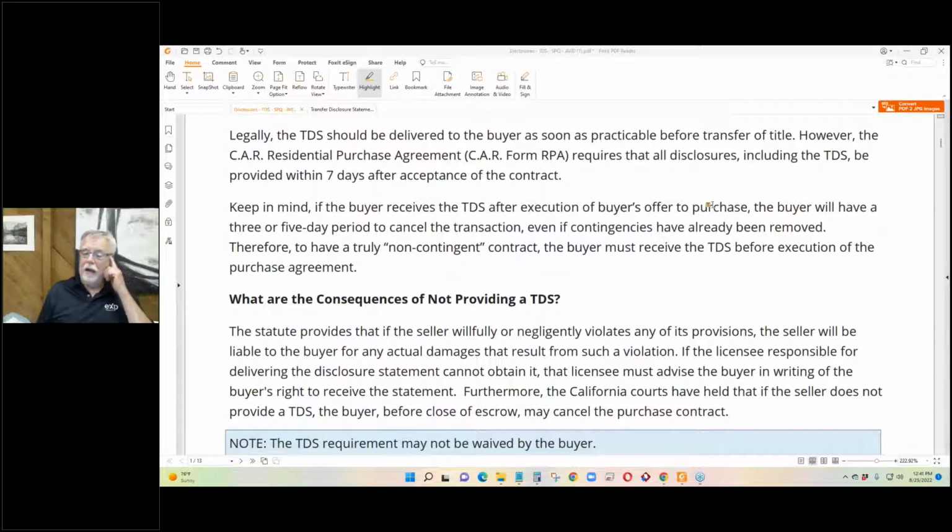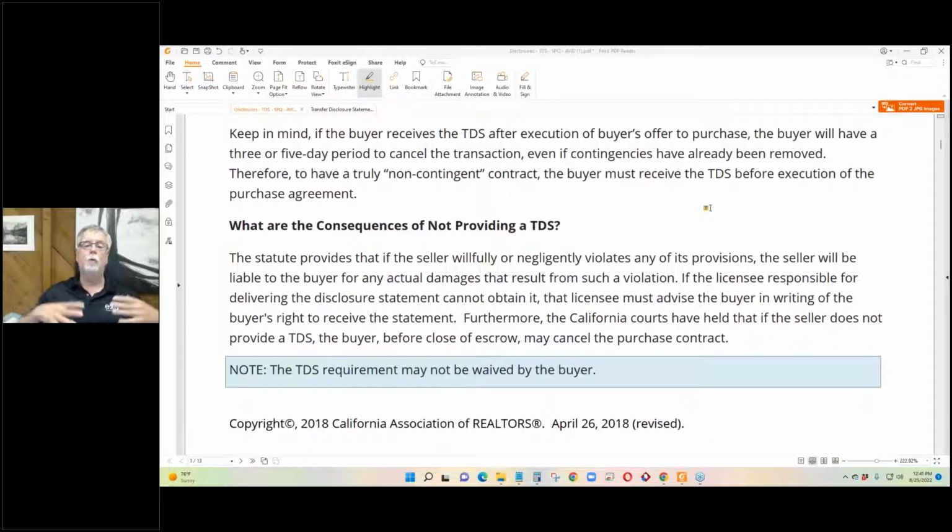So that's why it is way better if you're the listing agent to get the TDS, the SPQ, and all of that stuff all together, signed by everybody, and give it to the buyer prior to the buyer making an offer. Does the buyer lose their EMD? The answer is no. If the buyer backs out based upon the California Civil Code section, they get their money back.